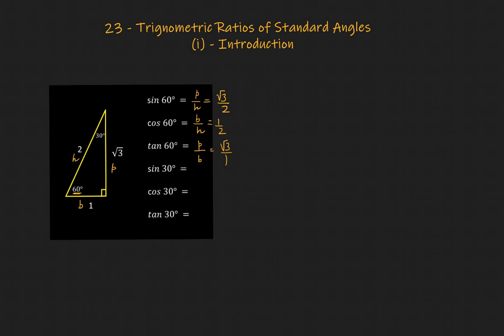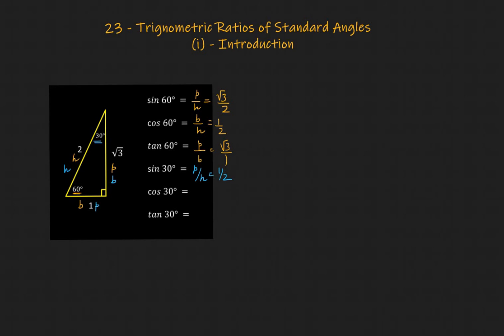So let's go now to the 30-degree angle. For the 30-degree angle, this would be the perpendicular, this would be the base, and this would be the hypotenuse. The hypotenuse is the same. So sine 30 would be perpendicular by hypotenuse, that is 1 by 2.